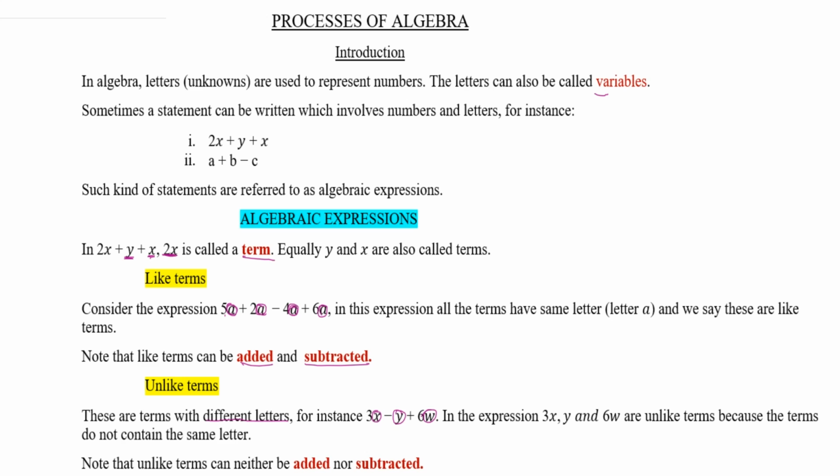These three letters are different, and these terms we call them unlike terms. Take note that these unlike terms cannot be added and they cannot be subtracted.